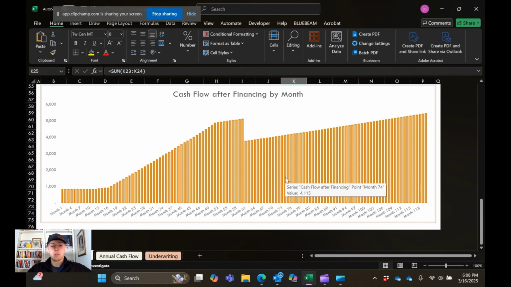Now, this is cash flow. This is cash in the bank, cash in your pocket after debt service. And as you can see, for the first year until we start increasing that net operating income slightly over the next 3 or 4 years. And then this would be the refinance in month 60. And then this would be bank debt from here on out.